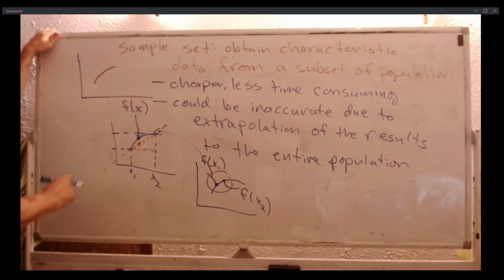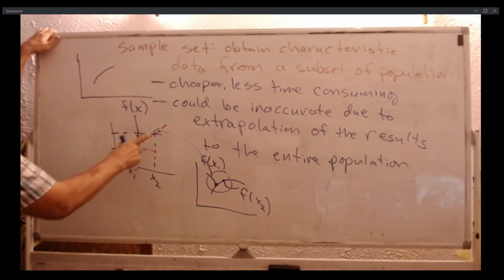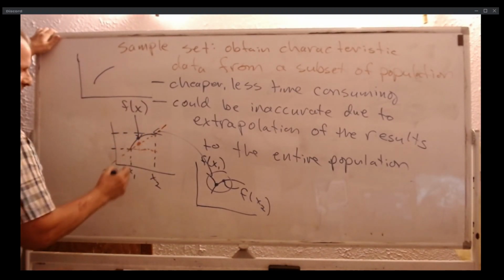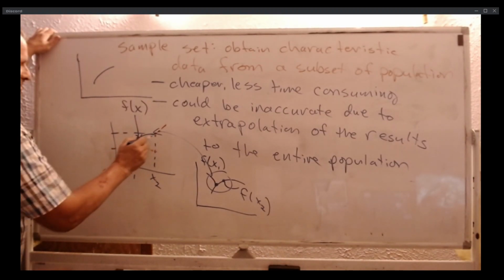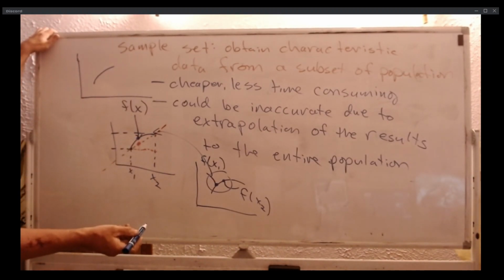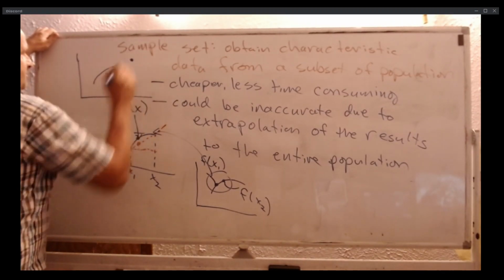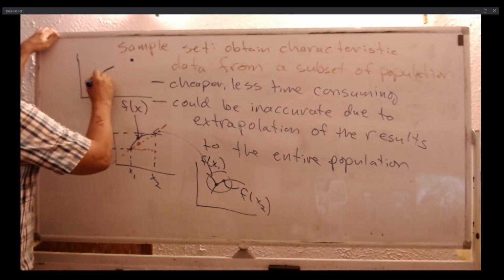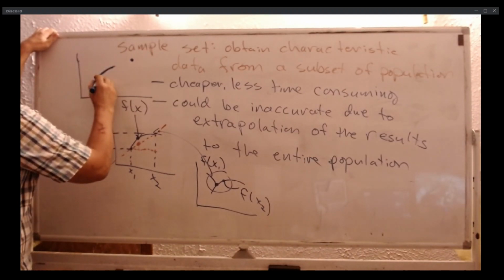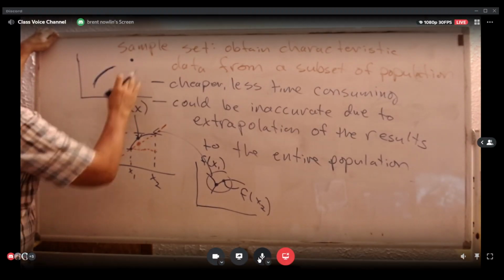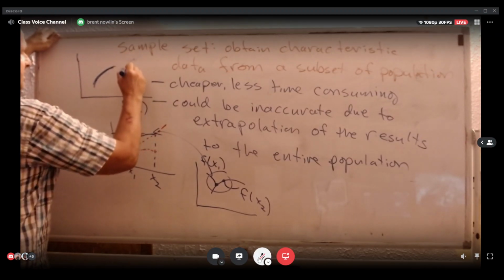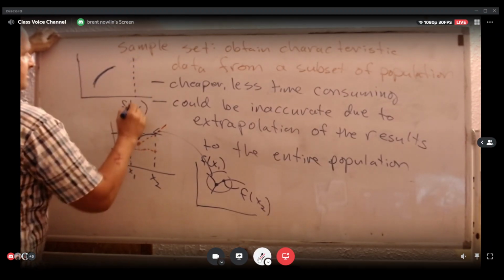So, in extrapolation, if we use interpolation to get the coordinates of a point between 2 known points, what's extrapolation? We know the values of the points right here, right? So we're trying to get f of x for this value right here.